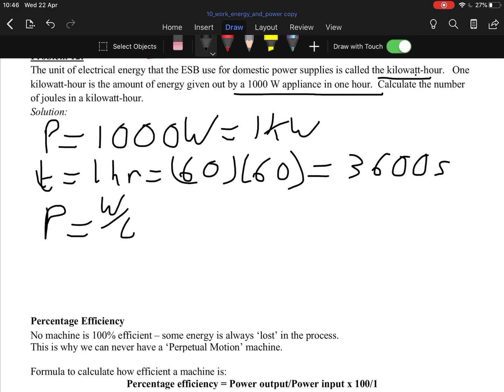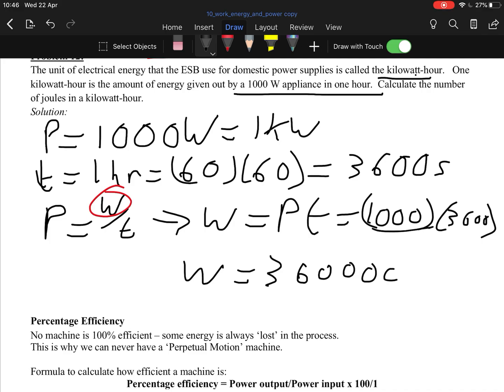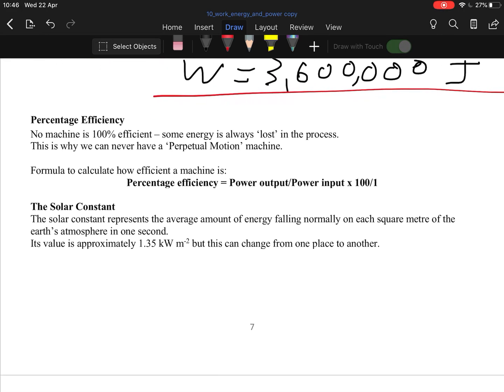Calculate the number of joules in that. Well, power equals work done by time. The only one here that is in joules is that. So we're obviously going to make that the subject of the formula. So work done equals power by time. So we multiply 1,000 by 3,600. So our joules here, 3600, and then the 3 zeros for the 1,000. 1, 2, 3. 3,600,000 joules. Okay.